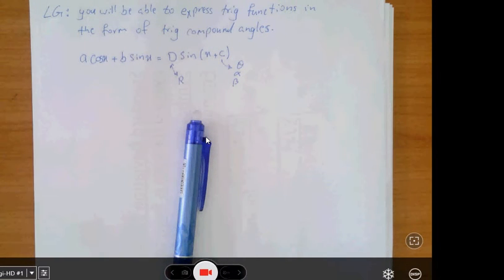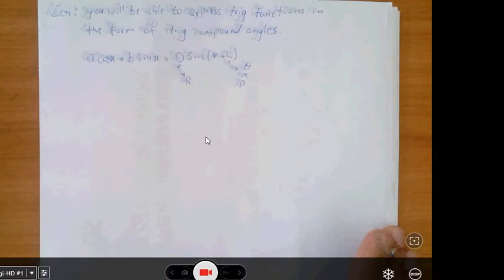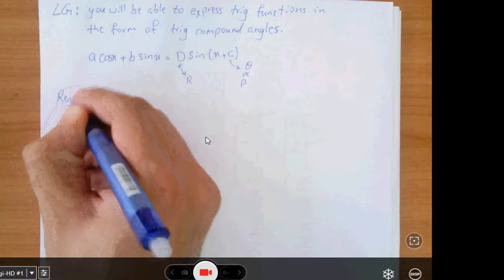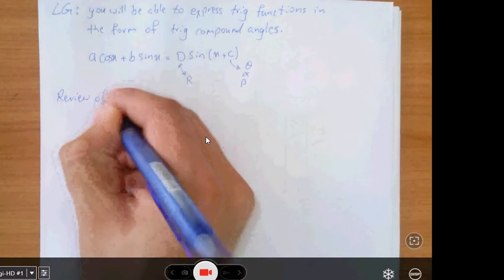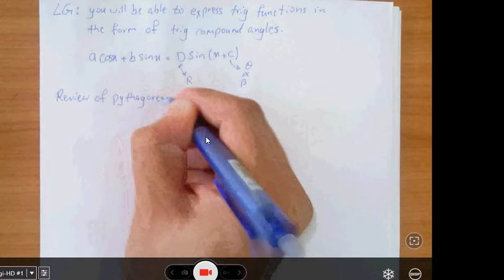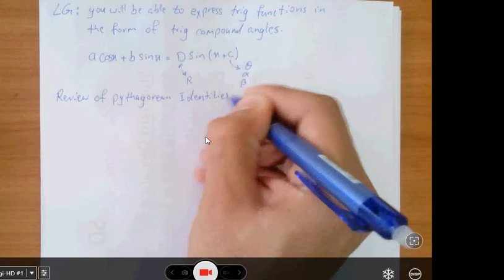All right. So before we get on to it, I would like to quickly go and have a quick review of our Pythagorean identities.